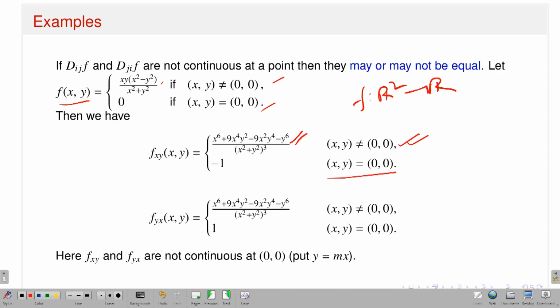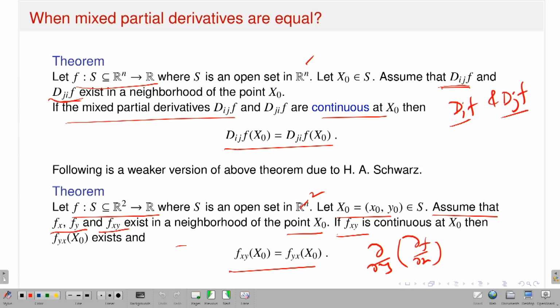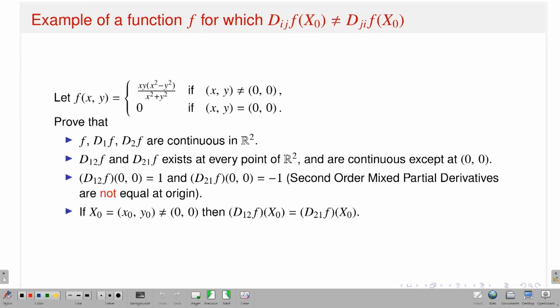But if you remember my last lecture, if I go back, this is the function I already discussed, and look, it is calculated. The first observation is that the mixed partial derivatives exist at every point of R2. However, they are not continuous at the point 0, 0.